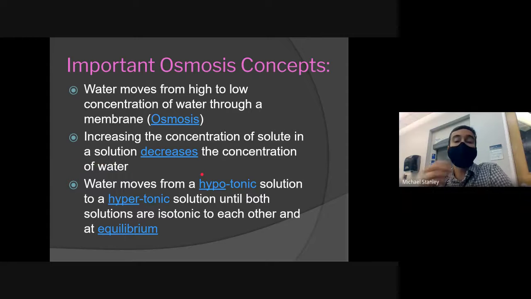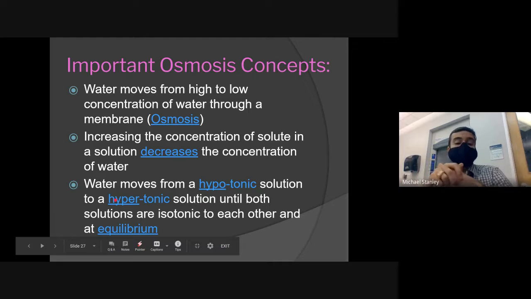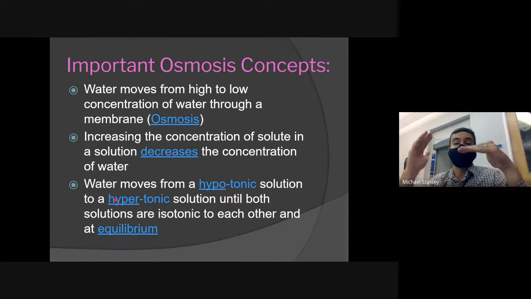So hypotonic means that you have a low amount of solute, like salts and sugars, and a high amount of water. So hypotonic means like a high water, like it's very, very diluted, whatever you have mixed in there. It's mostly water. Hypertonic means that you have a lot of solute and less water.